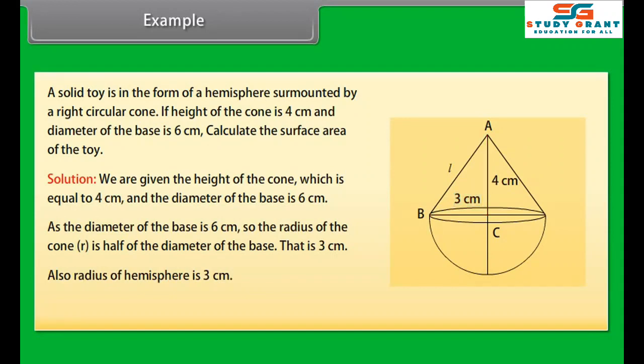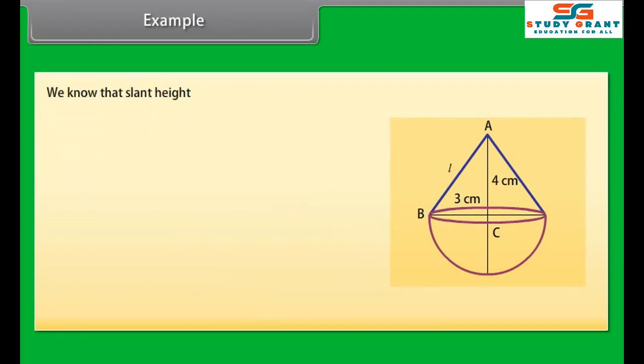As the diameter of the base is 6 cm, so the radius of the cone r is half of the diameter of the base, that is 3 cm. Also, radius of hemisphere is 3 cm. Now to find the surface area of the toy, we need to find the curved surface area of the cone and curved surface area of the hemisphere.